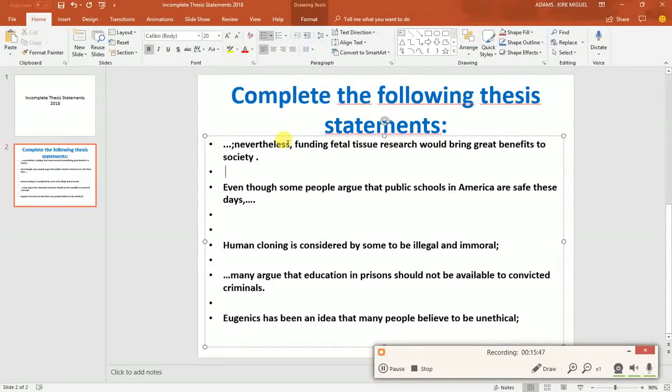When we rewrite this thesis statement, we're going to write the first half of this thesis statement, and we don't need a contrast word because it's already there. In number 2, when we rewrite this one, we need a contrast word, and there's a comma here, so that means that, well, we already have the contrast word, I'm sorry.